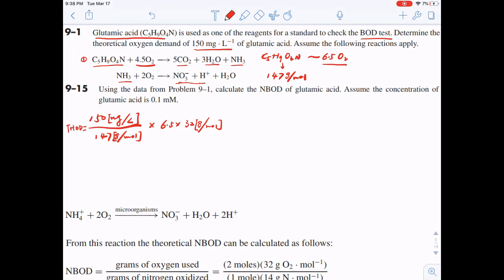This is how we can determine the theoretical oxygen demand, and this value turns out to be 212 milligram per liter.